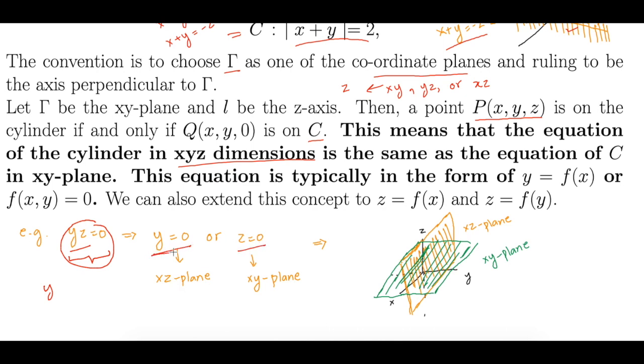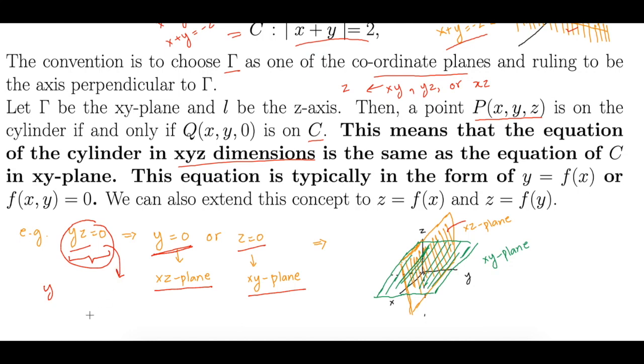So this represents the xz plane and this represents the xy plane. All we have to do is draw these planes. This is the xz plane in which y is equal to 0, and this is the xy plane in which z is equal to 0. The union of these two planes forms the graph of yz equals 0.